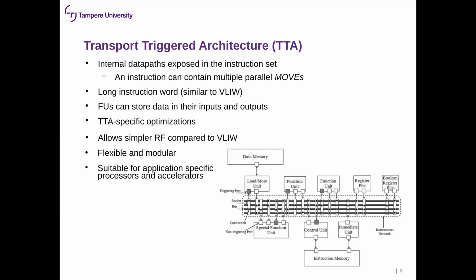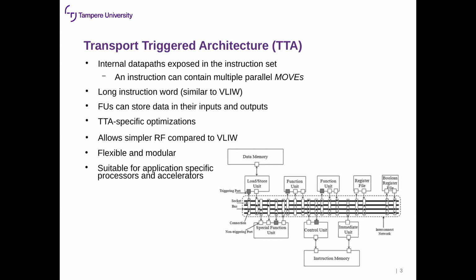For each cycle, an instruction contains these parallel moves, 1 for each bus. In this case, there would be 4 buses, so 4 parallel moves. And they always tell, let's say, move from this function unit port here to this function unit port here. Because we have these parallel moves, it results in a long instruction word, similar to VLIWs.